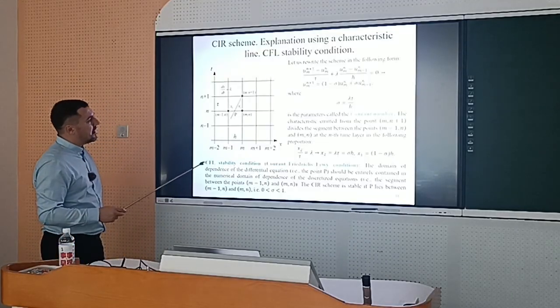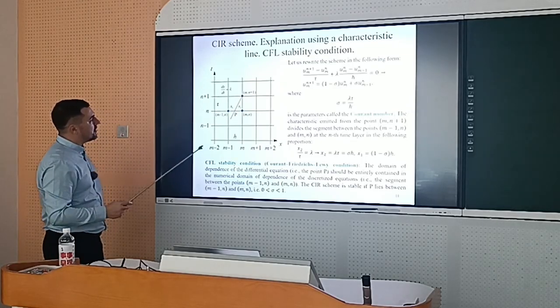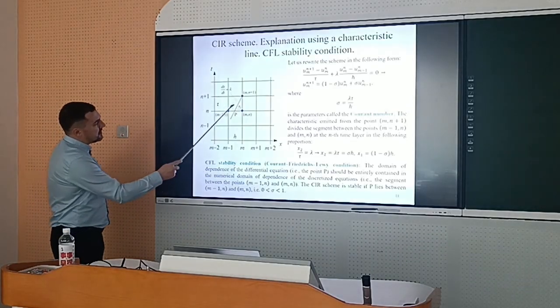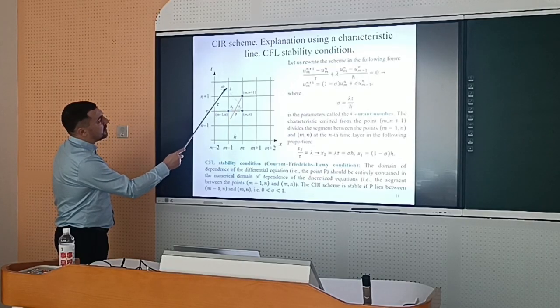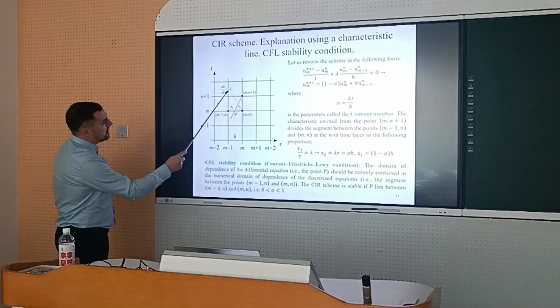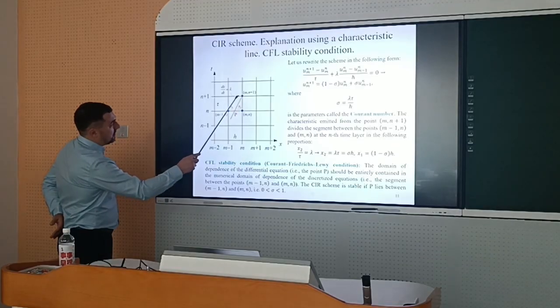Why is it so? So this is the characteristic line, dx over dt equals lambda. What does it mean? It means the tangent of this angle, this one, is equal to lambda, right? On the other hand, it's x2 over tau.